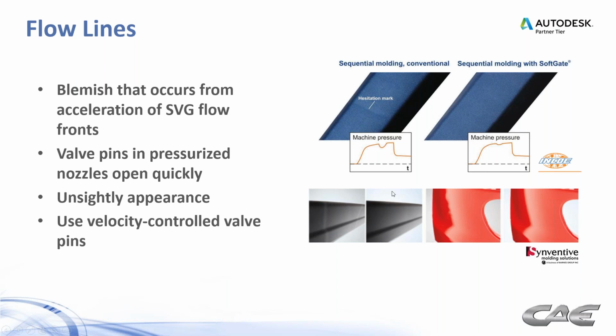So rather than these pressurized nozzles having valves that open almost instantaneously, they retract them slowly to be able to avoid this hesitation and acceleration type phenomenon. And you can see the before and afters here are pretty remarkable.